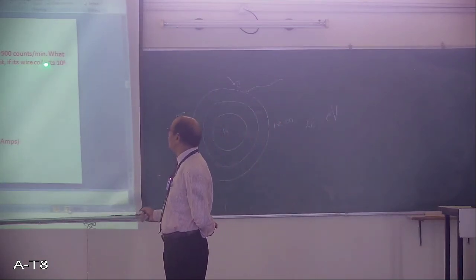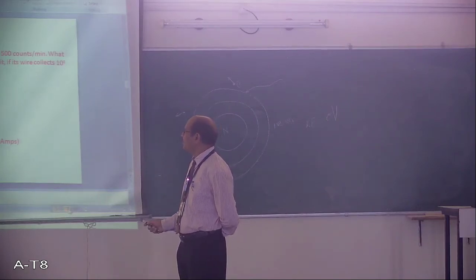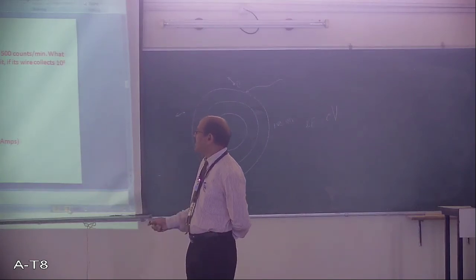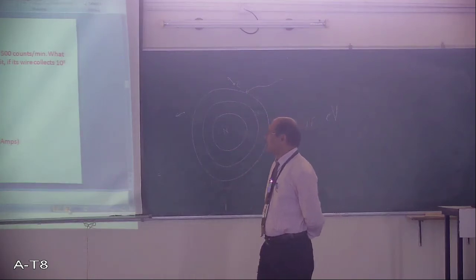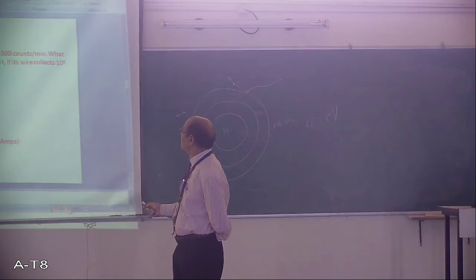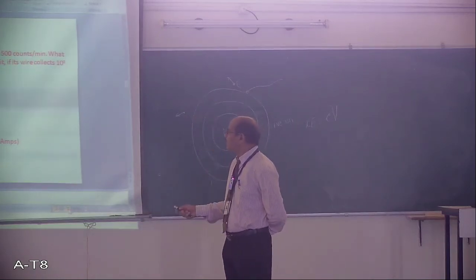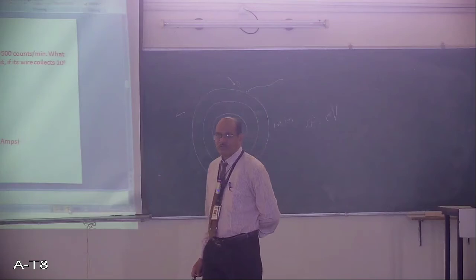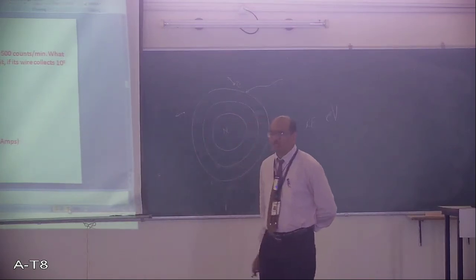Here we are considering the charged particle electron, and therefore instead of Q we have to take e. So you can write I = N e R. What is R? R is nothing but the count rate. So that is 500 counts per minute, divided by time given. Of course here time given is in minute, that has to be converted into second.